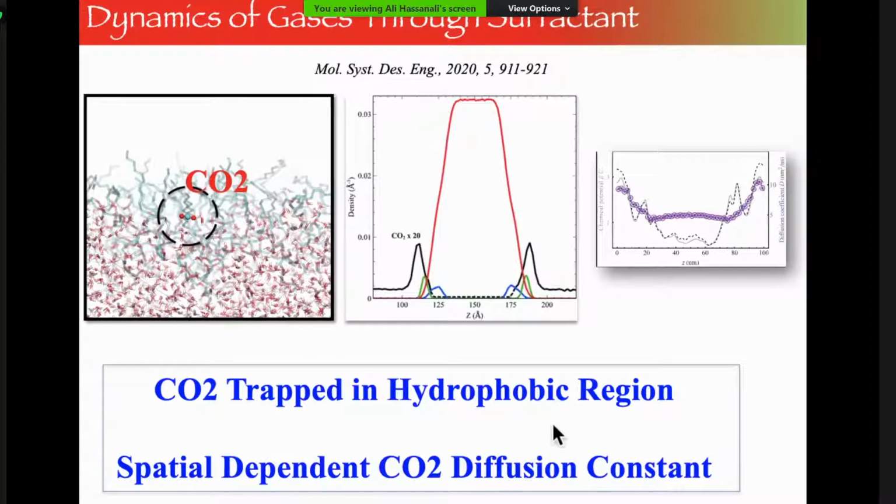One of the things we've discovered is that the carbon dioxide gets trapped in the hydrophobic layers of the surfactant, and we have a preliminary prediction of the spatially dependent CO2 diffusion constant throughout the bulk and then through the surfactant layer. So this is very preliminary, but it's a work in progress.